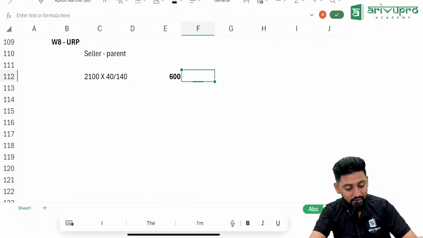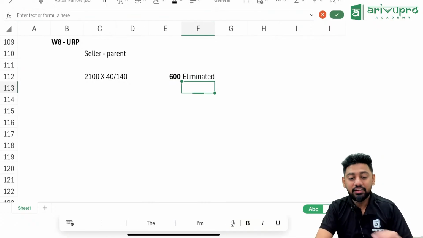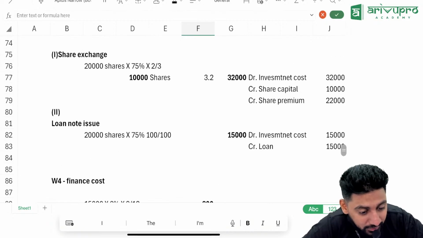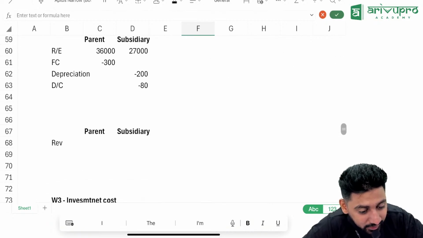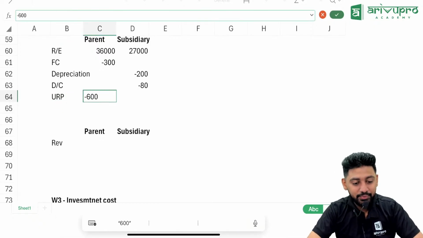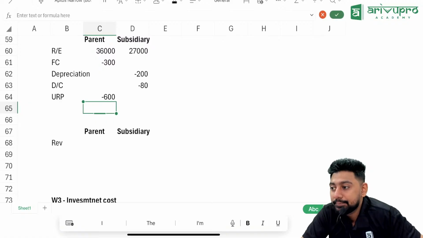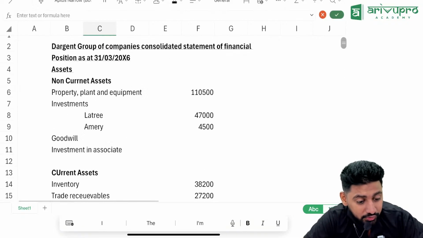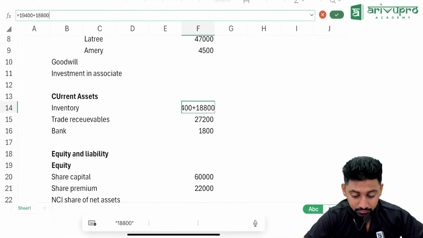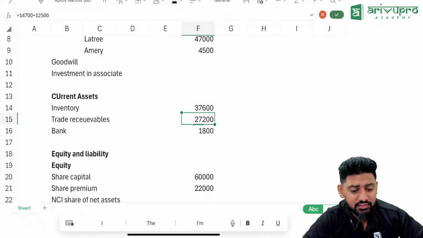What do we do? Eliminated. Eliminated from whom? Parent is the seller. I go to the top, parent. URP minus 600. What's my next entry? Inventory. I go to the group inventory, minus 600. Done.